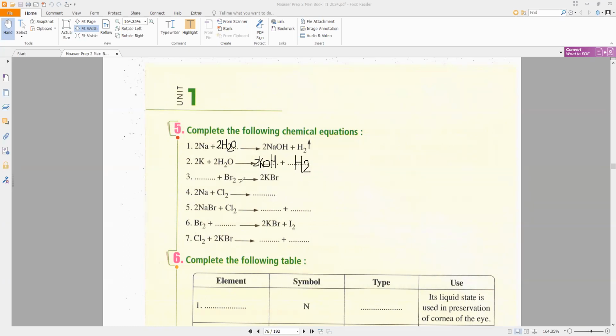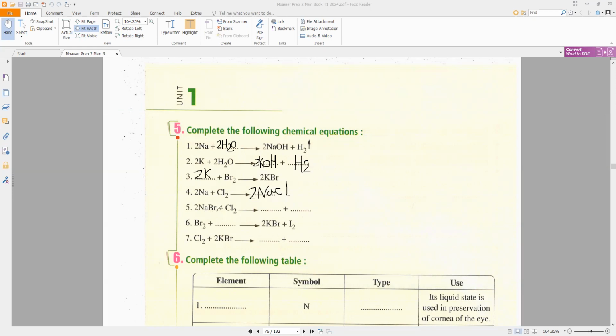Potassium reacts with bromine to produce potassium bromide. From this reaction, potassium reacts with bromine forming a salt. When sodium reacts with chlorine, it also forms a salt because it's metal and non-metal, sodium chloride, NaCl.